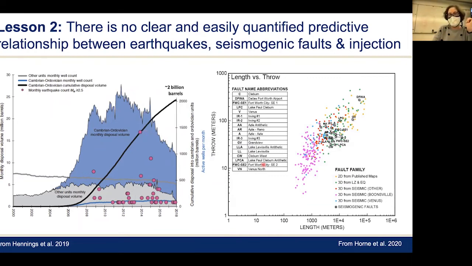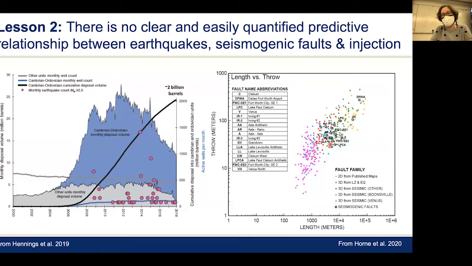And then this just shows throw on the faults in the fault database versus length in meters. The ones highlighted in black are the faults that have had earthquakes. And then all of the other symbols are faults in the database that haven't generated earthquakes, right?